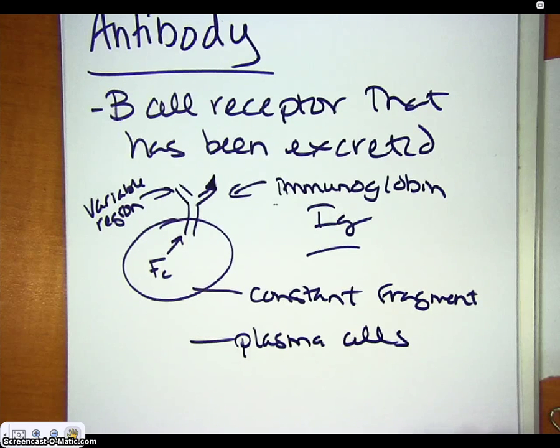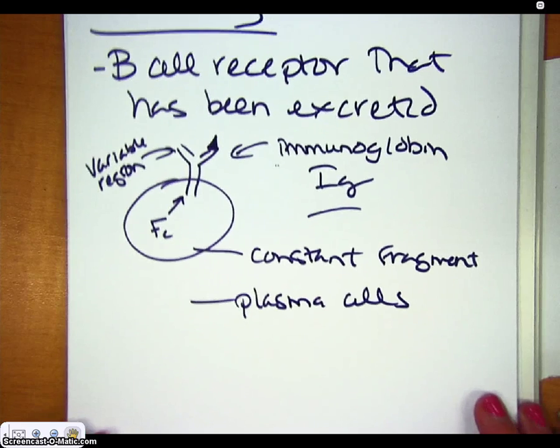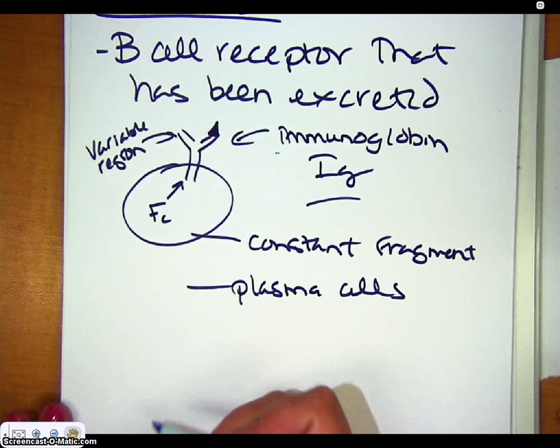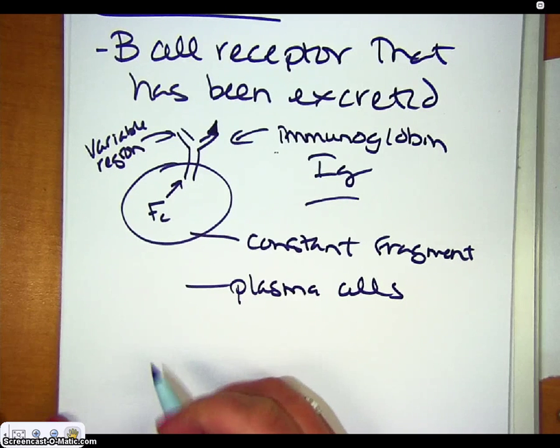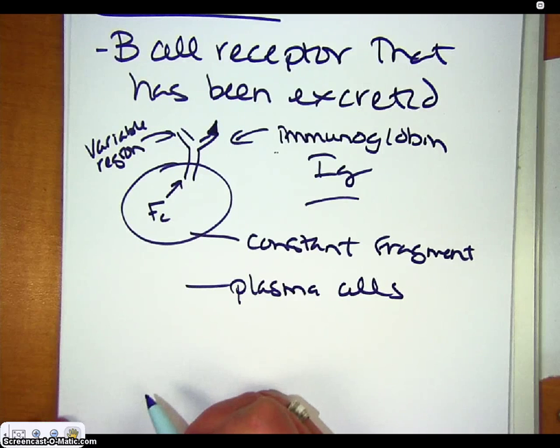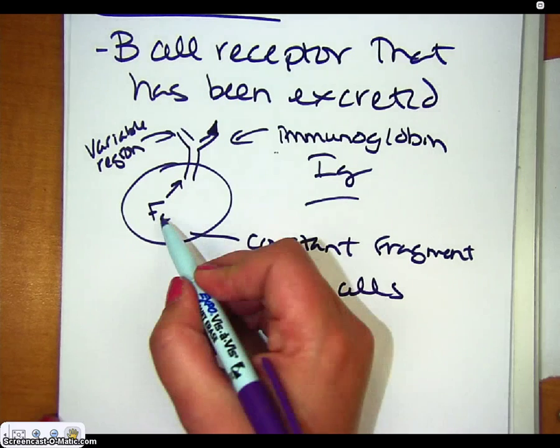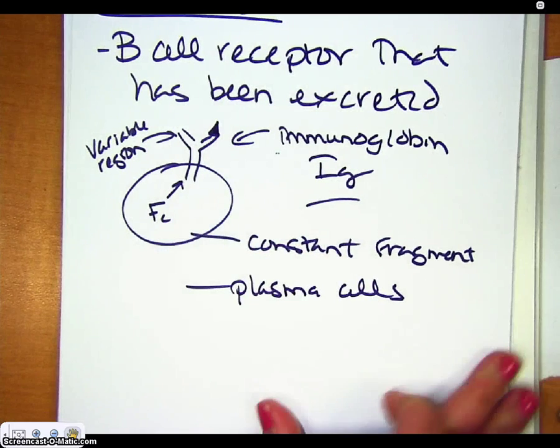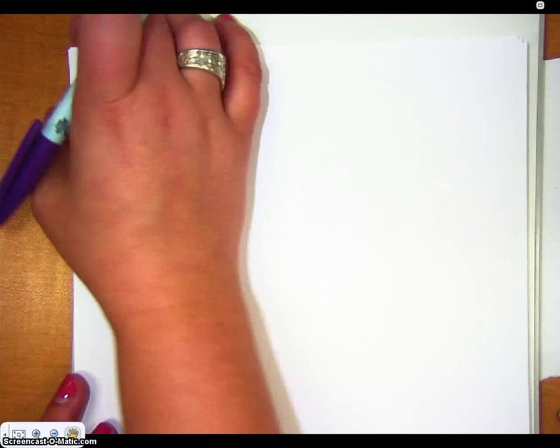Remember that the B cells stay in the lymph nodes, but the antibody will drain from the lymph nodes and go to the site of infection and will perform several different functions. So remember that the antibody is going to have these very specific hands and this constant fragment on the end. So there are 4 different functions of what the antibody does when it drains to the site of infection.